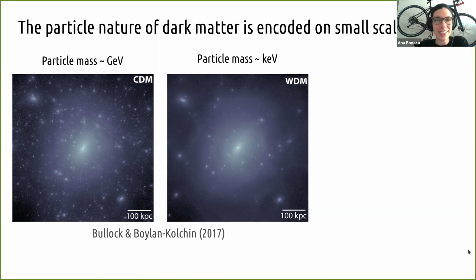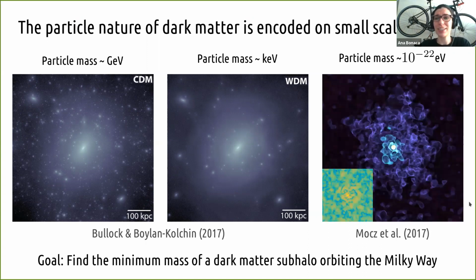And of course, this is a conference about fuzzy dark matter. So this is on a different scale altogether. Here I'm showing a simulation from Philip Mocz, and I believe he'll be recording a talk to be discussed on Tuesday. It shows the structure of a dark matter halo in the case where the particles are extremely low mass bosons, with masses on the order of 10 to the minus 22 electron volts.